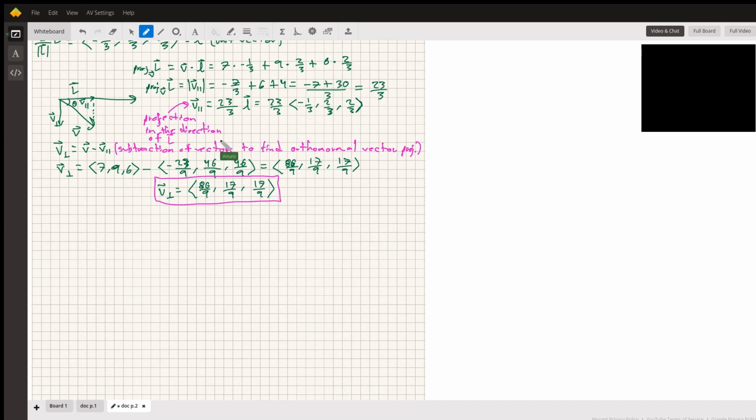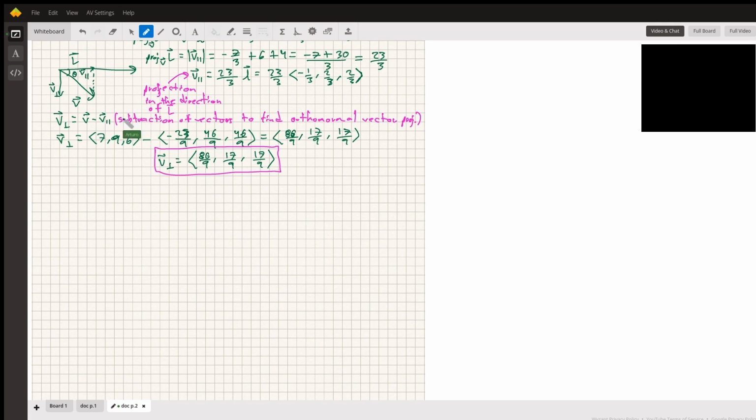Hopefully the pink phrases or statements give you a good notion of what these labels represent. And then of course we have a little diagram here on the left side, and we can see that with the vector addition property, if we solve for the v perpendicular vector, we get v vector minus v parallel vector.